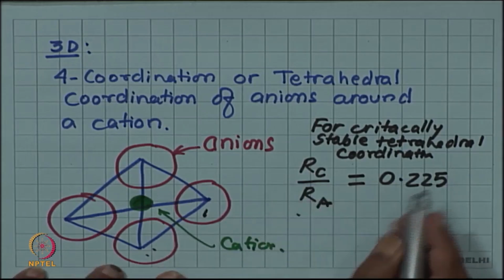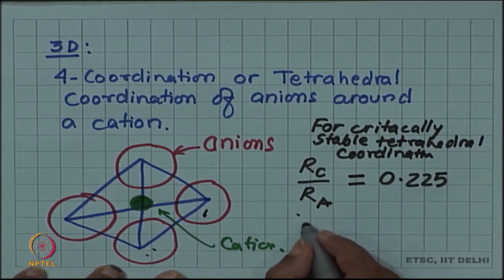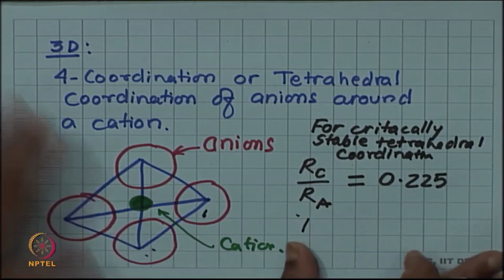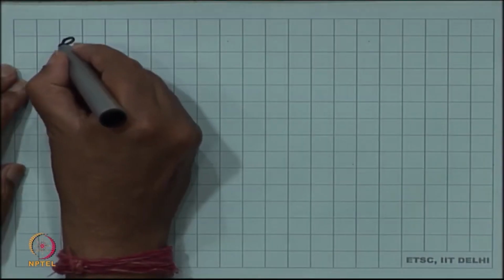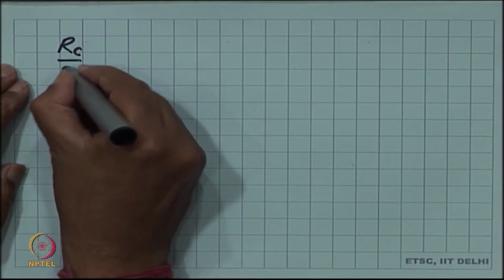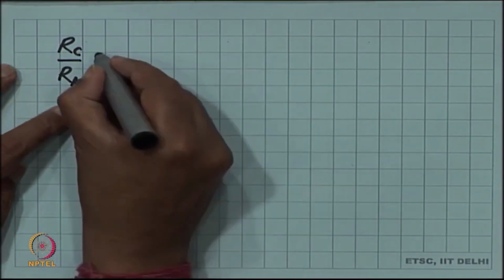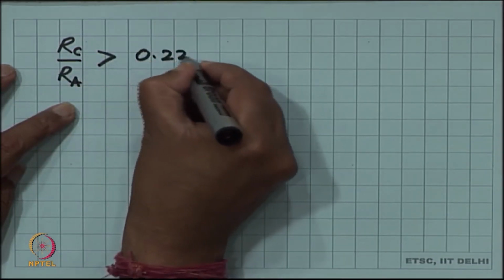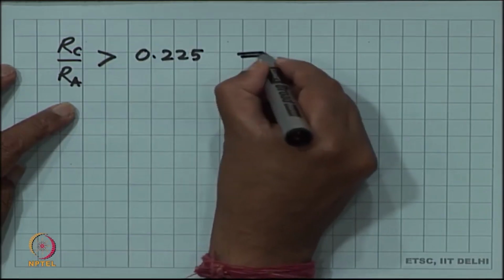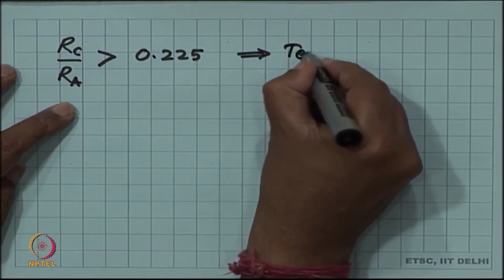So the stable structure for tetrahedral coordination will require a value larger than this. By the same argument, Rc by Ra greater than 0.225 will imply tetrahedral coordination.